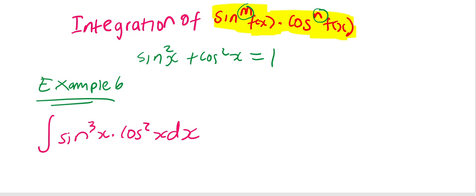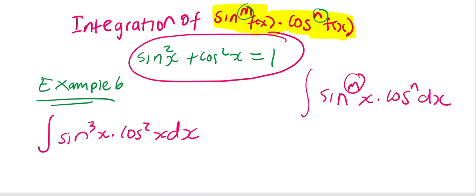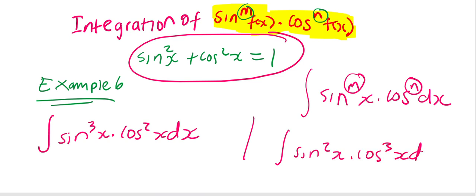When either m or n is an odd number, we split the odd power and use the identity.